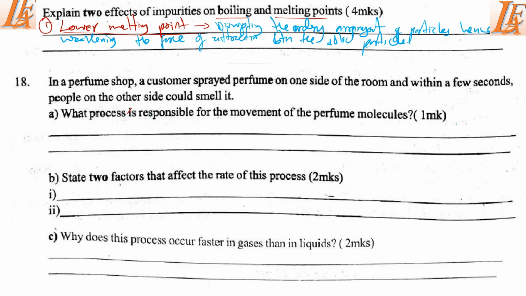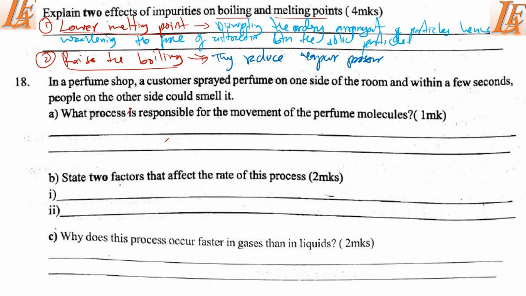Then the effect of impurities on boiling point. They raise the boiling point. And how do they raise the boiling point? Impurities reduce the vapor pressure of a liquid.